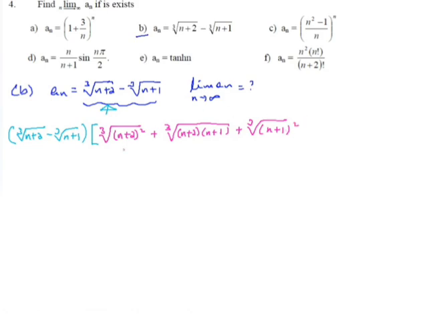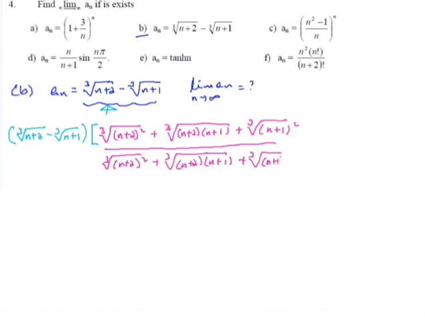We multiply this over cube root of n plus 2 the whole squared plus cube root of n plus 2 times n plus 1 plus cube root of n plus 1 the whole squared. This is the rationalizing factor for the given cube root.